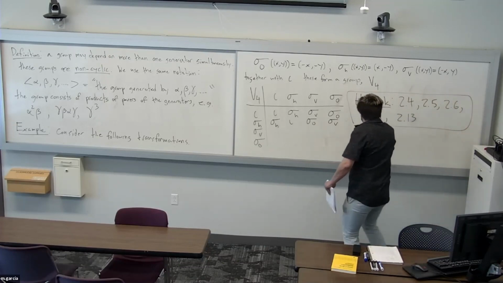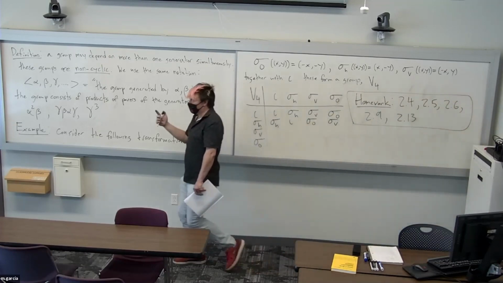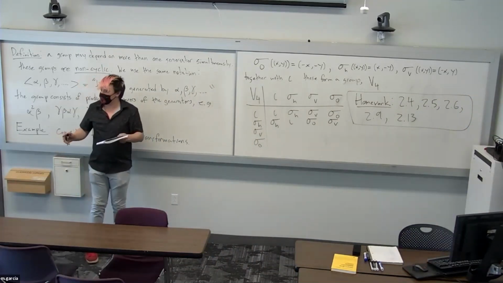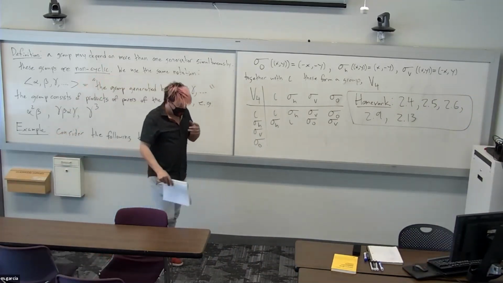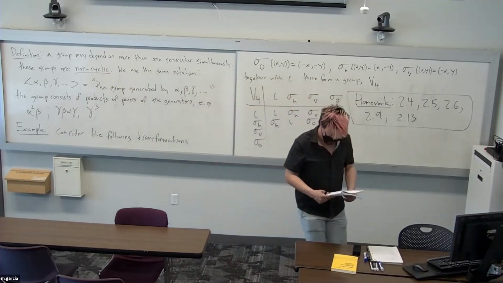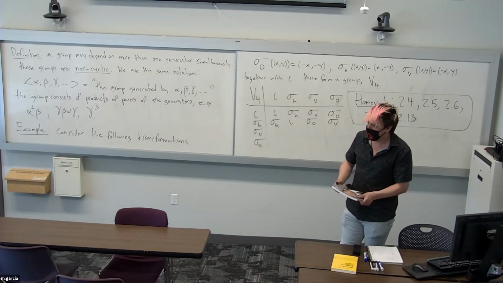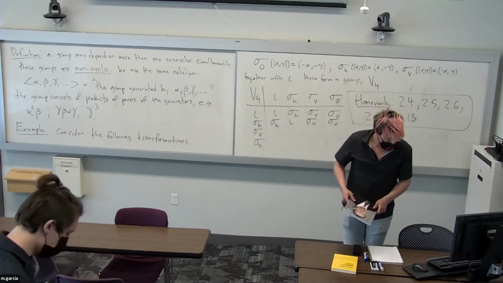And I will put an announcement on Canvas reiterating those exercises later this afternoon. Okay, so sorry we ran out of time. I really wanted to get to the comparison of C4 and V4. But we'll talk about that tomorrow. Have a good afternoon.